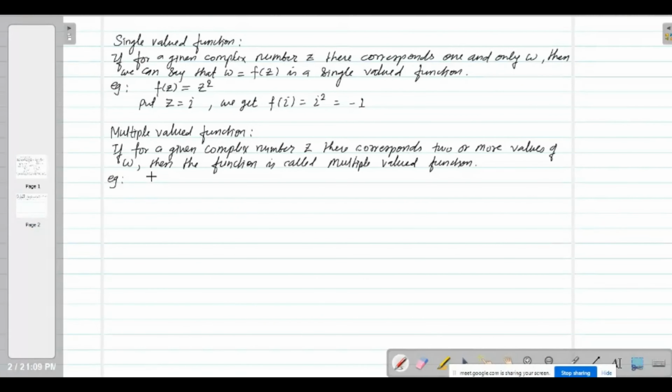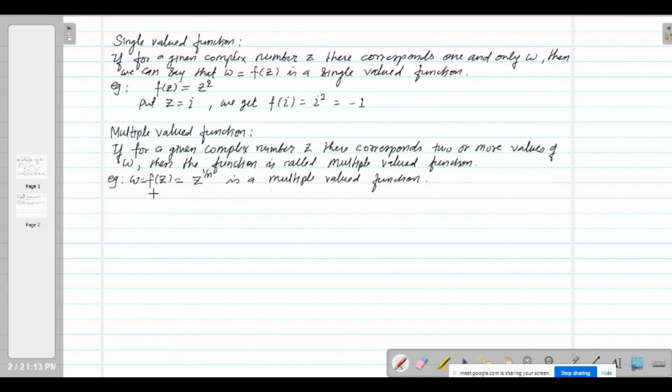Suppose we have the function f of z, but f of z is omega. So we have the function omega equals f of z, and this equals z raised to 1 by n, which is a multiple valued function.